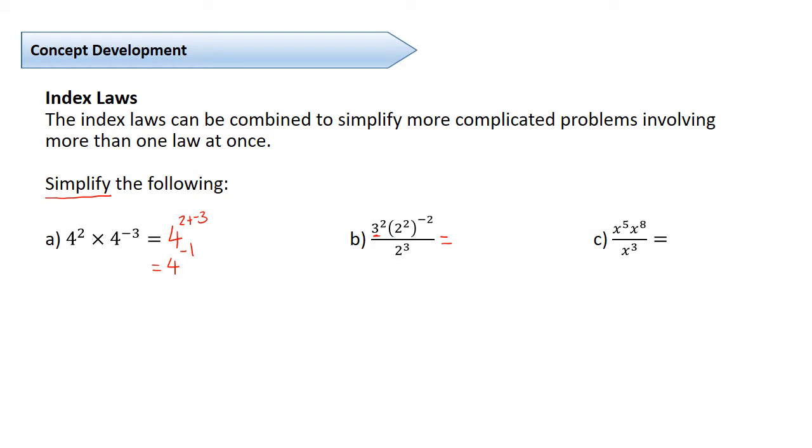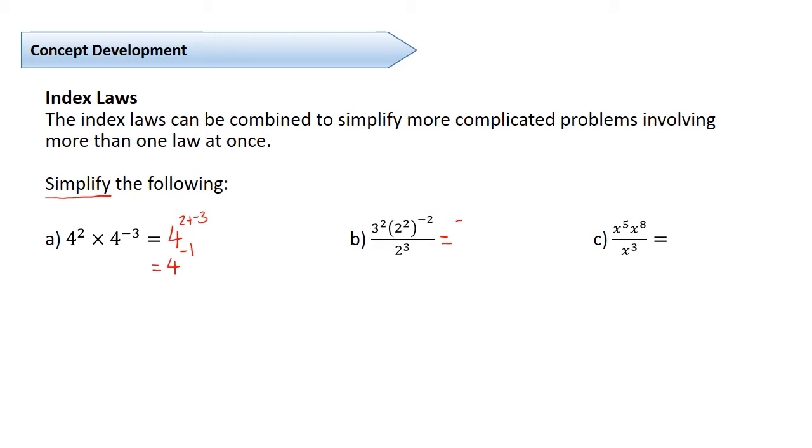Keep that in mind. I really like to address my brackets first, just out of habit from my BODMAS days. So I'm going to apply my power laws up here to my brackets first and then have a look at applying the others. So I only do it one step at a time.